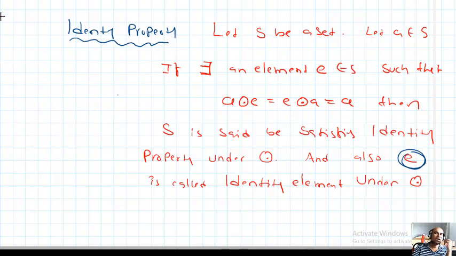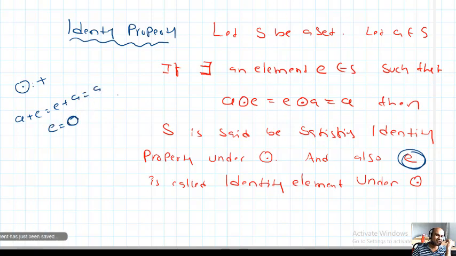Okay, students, I want to generalize. If your operation is taken as plus, the definition becomes a plus e equal to e plus a equal to a. E must and should be 0 only. If your operation is taken as into, a into e equal to e into a equal to a means e should be equal to 1 only.